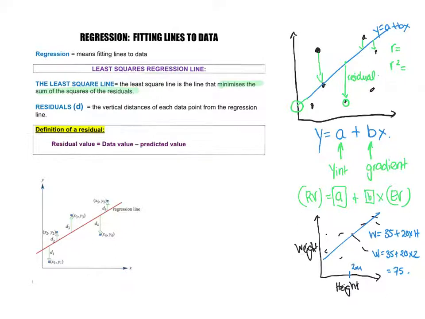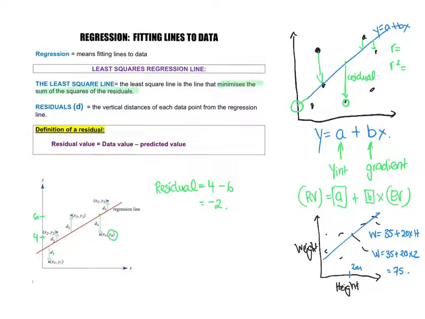Just to make it clear what a residual is: the residual is the data value minus the predicted value. What you're actually talking about here is the y value. Say, for example, this residual here had a y value of 4, but the line up here predicted 6. So it actually had 4 and it was predicted 6, so its residual is negative 2.